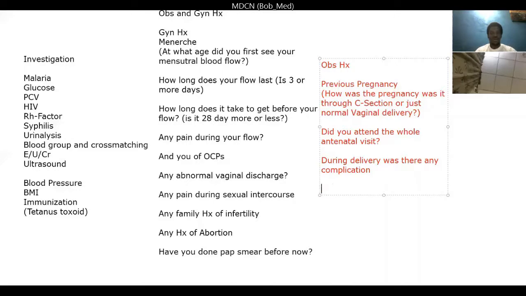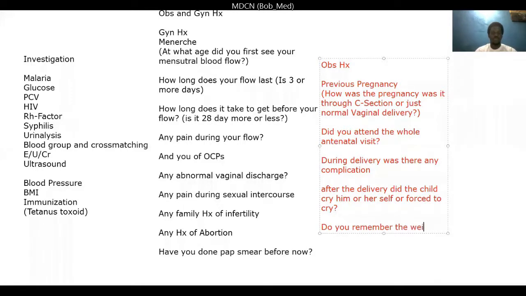After the delivery, did the child cry on his or her own or was forced to cry? Do you remember the weight of the child? These are very important questions.